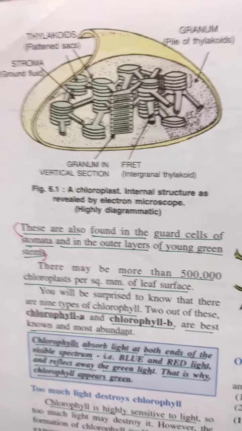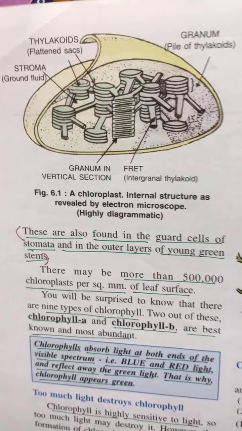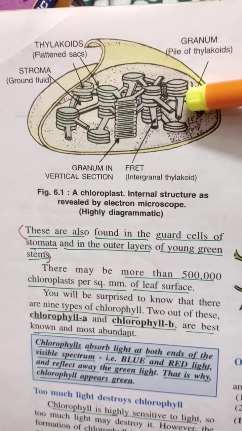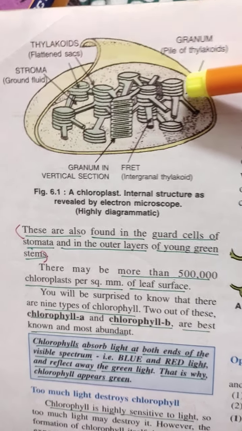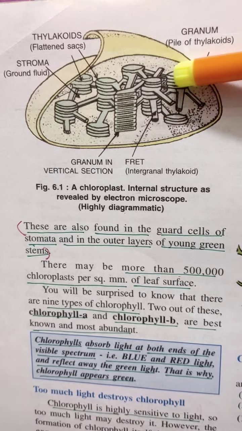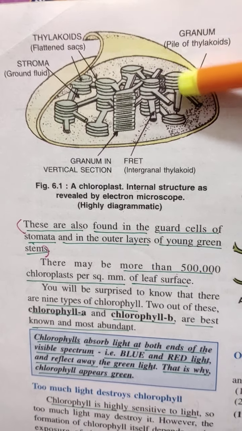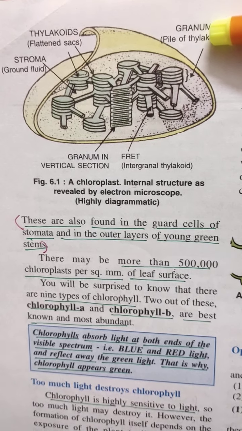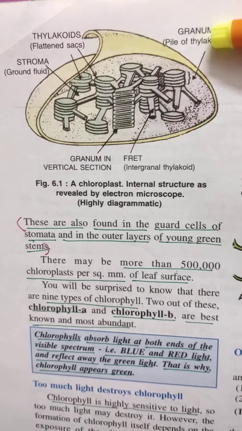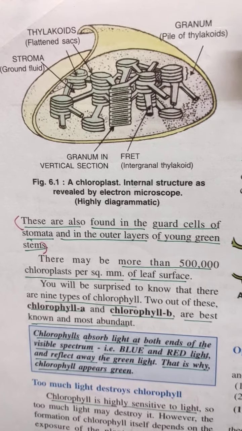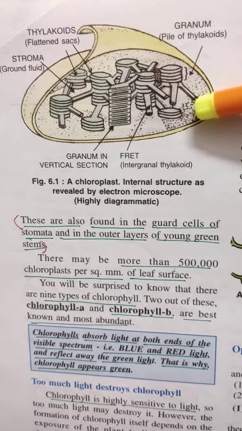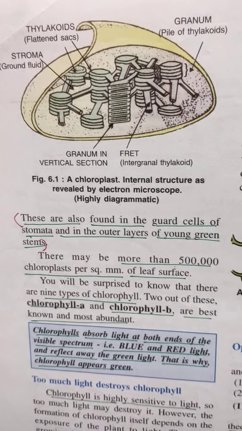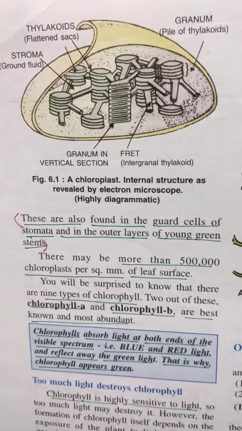You can see that these individual units are known as thylakoids, and when they are piled up together, this single unit is known as granum. It is a singular word, okay, and plural is grana, and this dotted structure inside is the ground substance or the stroma, right?